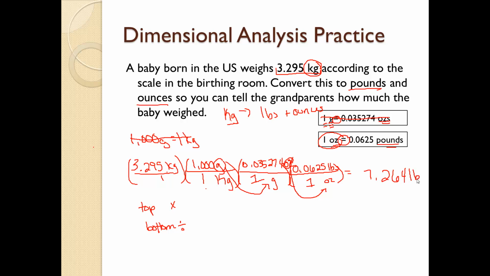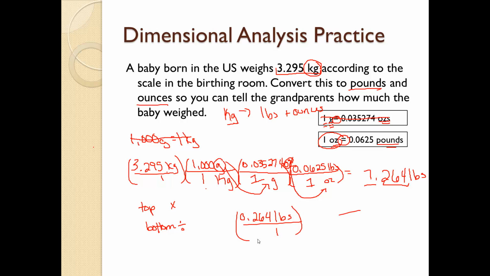So how many pounds and ounces are there? I can say we have 7 pounds and we have more than that in ounces. So I can take 0.264 pounds and just convert that alone over to ounces.